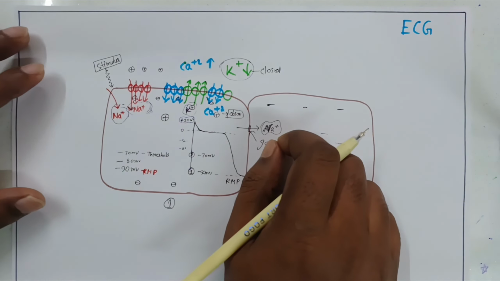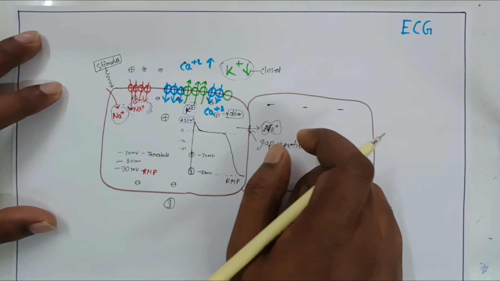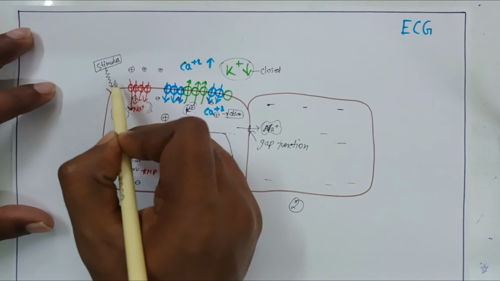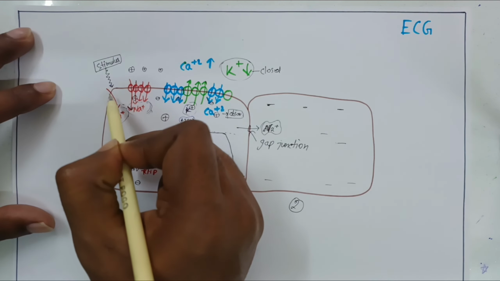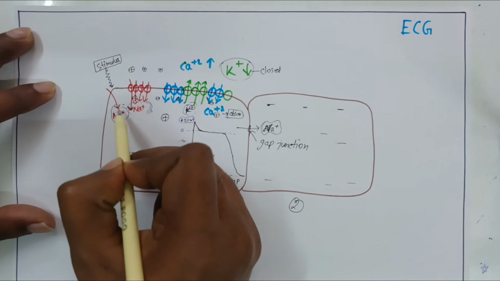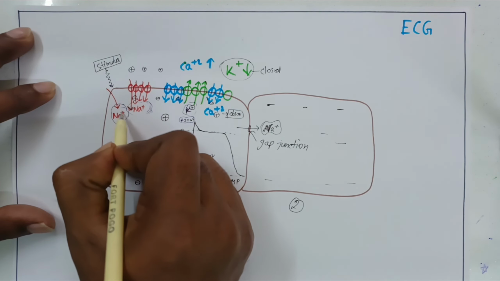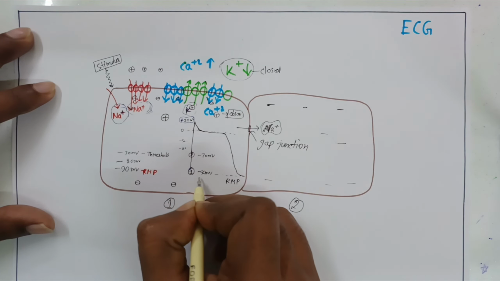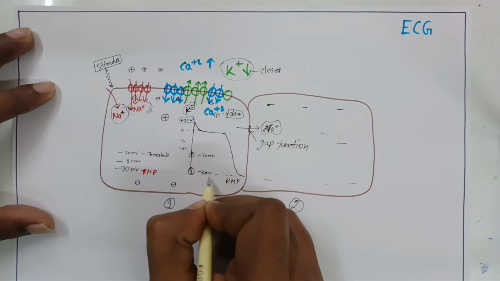Now let's have a summary. At first we apply a stimulus. After application of this stimulus, sodium ions get in. Sodium ions are positively charged, so they increase the membrane potential, which is initially minus 90 millivolt of resting membrane potential.